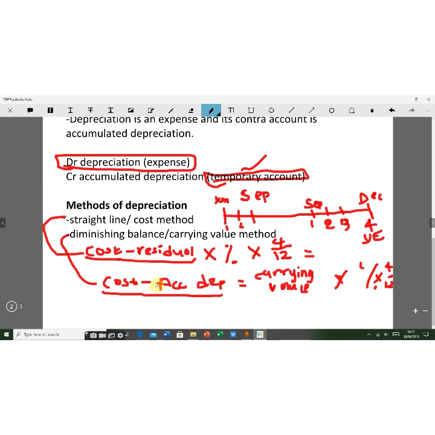If there is no residual value, cost minus accumulated depreciation, then you get your carrying value. This is how you get your carrying value. You take the cost, you less accumulated depreciation, then you multiply by your percentage. You'll be given a percentage, so you multiply by that percentage.